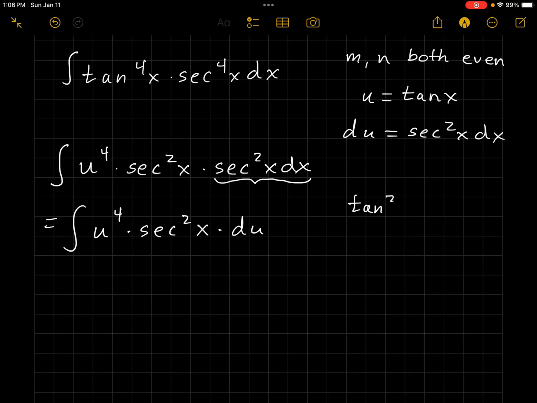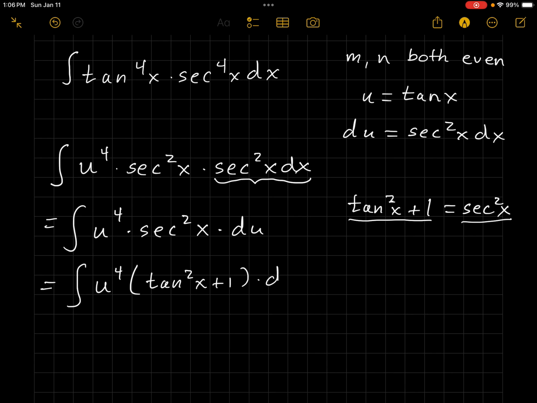From above, tangent squared x plus 1 equals secant squared x. And I want everything in terms of u's, so I want to turn my secant squared into tangent squared, which I can using that identity, which gives us u to the fourth times tangent squared x plus 1 times du, and one more rewrite gives us u to the fourth times u squared plus 1 du.